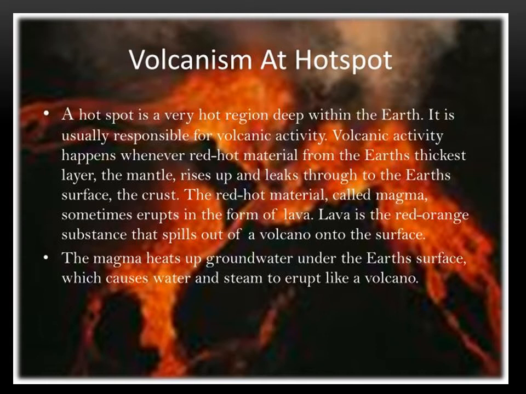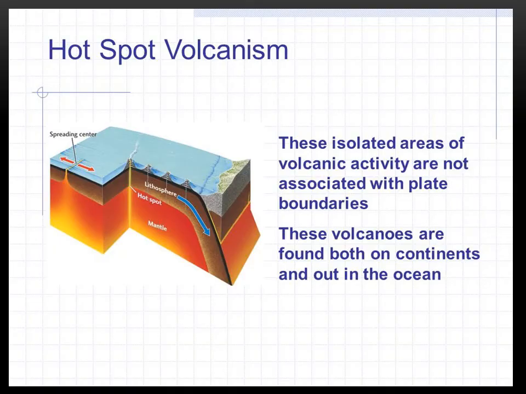The volcano that forms from the column of magma is called a hotspot volcano. Hotspot volcanoes are like isolated areas of volcanic activity that are not associated with plate boundaries. These volcanoes are found both on continents and out in the ocean.